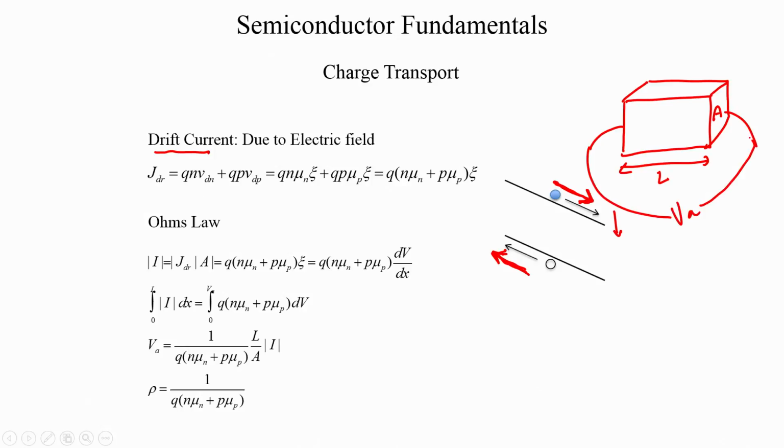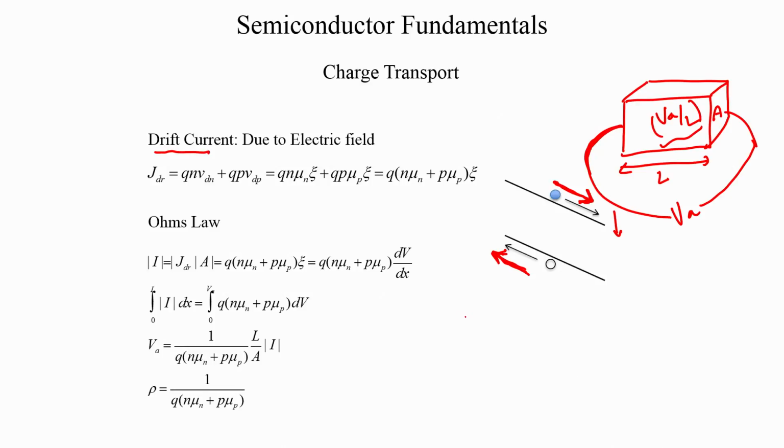The electric field we will write as VA by L. It may not be perfectly correct, but for all practical purposes for the time being we will just say it is VA by L. It is a very uniform electric field, and the electric field in the semiconductor allows the electrons and holes to move to the opposite electrodes.